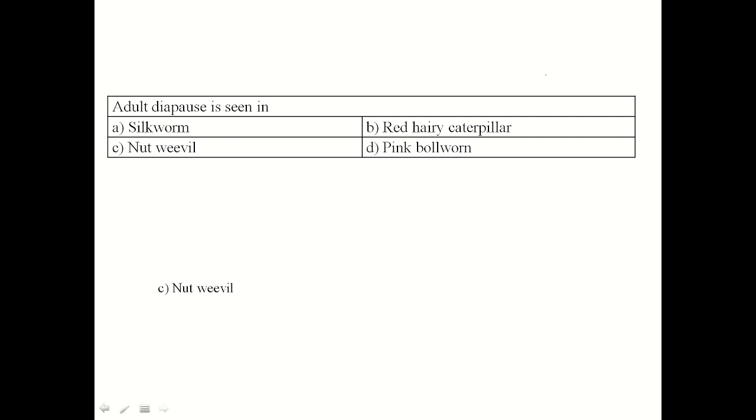Pupa remaining enclosed in the hardened larval cuticle is known as coarctate pupa. Chitin is absent in epicuticle. The membrane that protects midgut epithelium in insects is the peritrophic membrane. Adult diapause is seen in mango nut weevil.